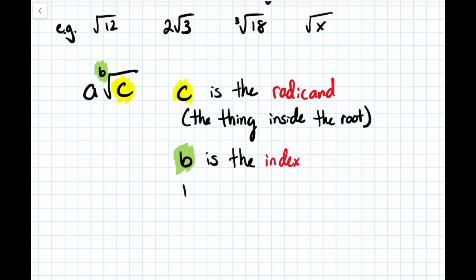So if it's a 3, it's a cube root. If it's a 7, it's a 7th root. If there's nothing there, so for example, in that root 12 that we've got up there, the default is a square root. So a lot of times in math, if we don't see a number, the number that we don't see is a 1. In the case of the index, if you don't see an index, your index is 2 for square root. So that is an important thing to keep in mind.